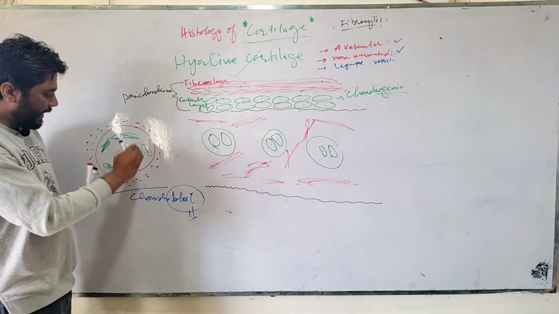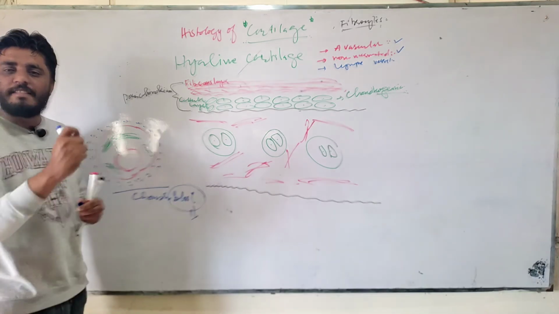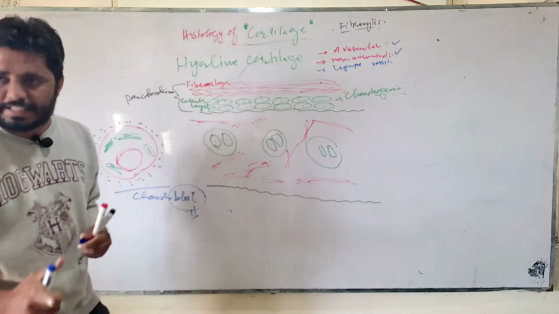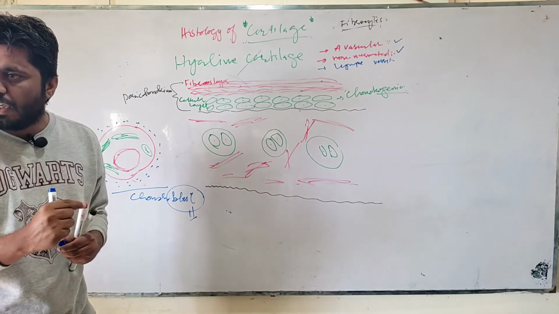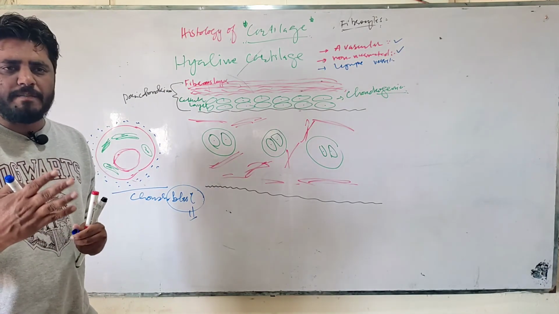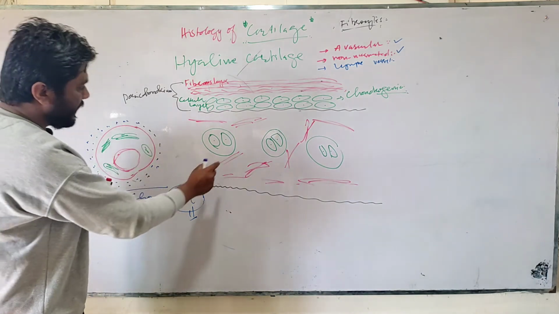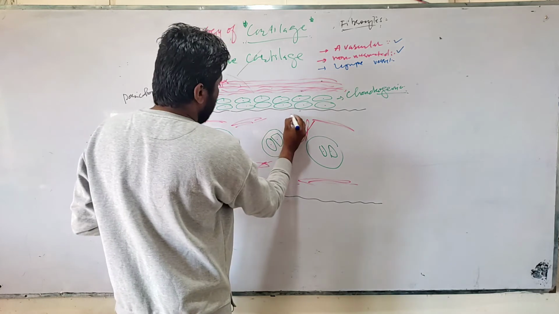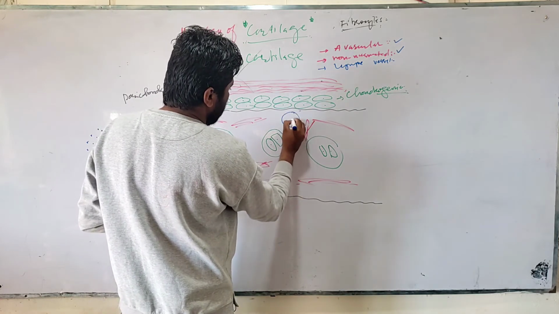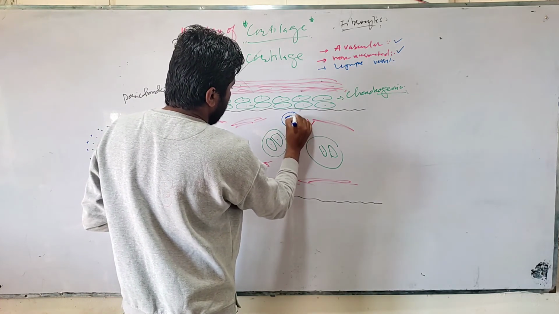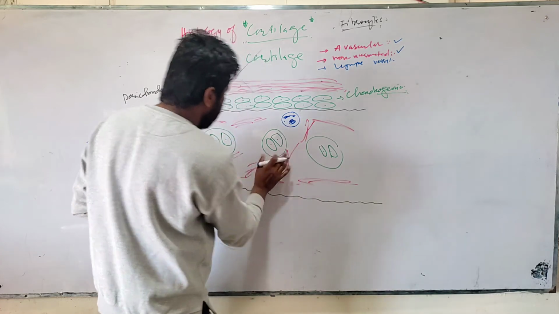Later on, this cell will be converted into a chondrocyte and become a little older. So if you look here, this is a chondroblast inside, and most cells are like this.